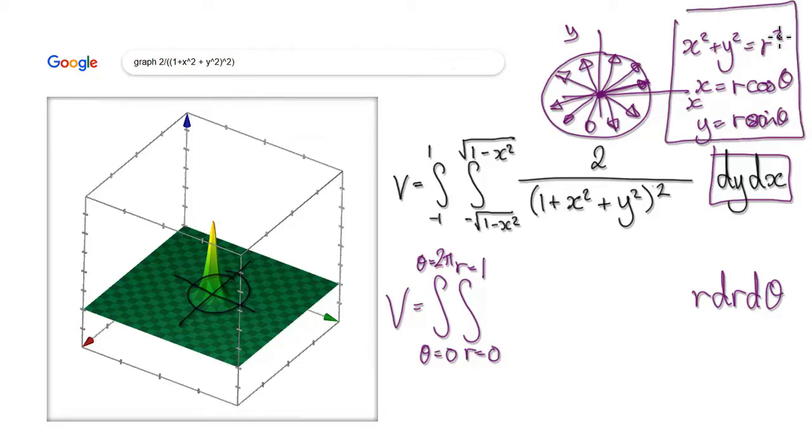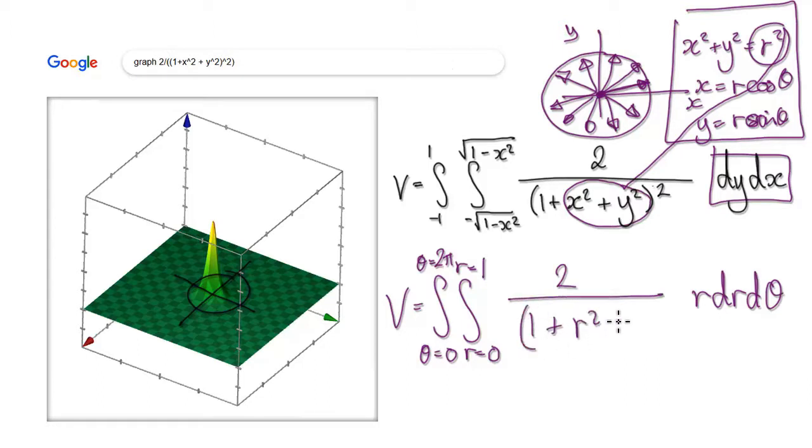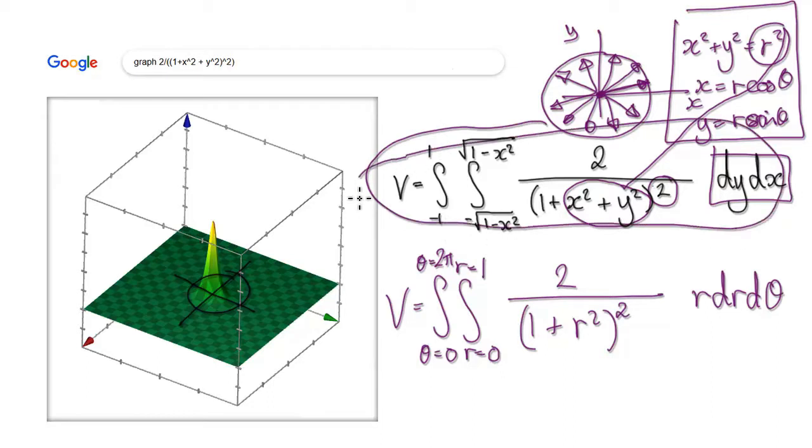So here you've got r squared, so put that into here. So this whole thing here will be 2 over 1 plus r squared, and then you've got your square on the outside here. So converting from Cartesian into polar will then take us to here.